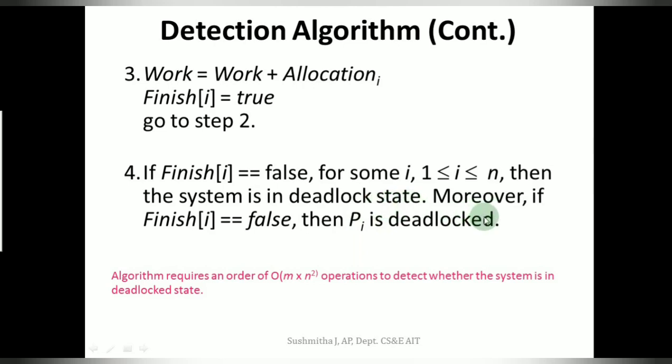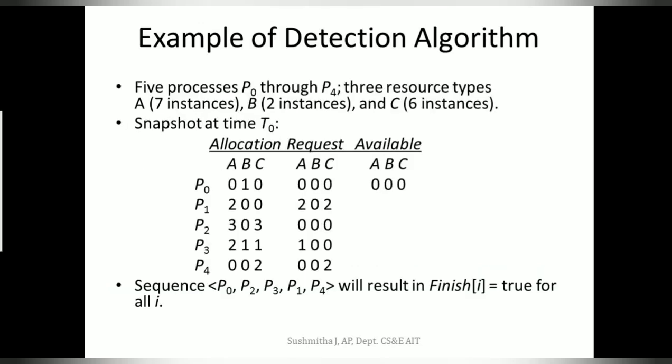Certainly, deadlock detection either for a single instance or multiple instances is going to take a lot more operations. Now let us see an example of how it is done.